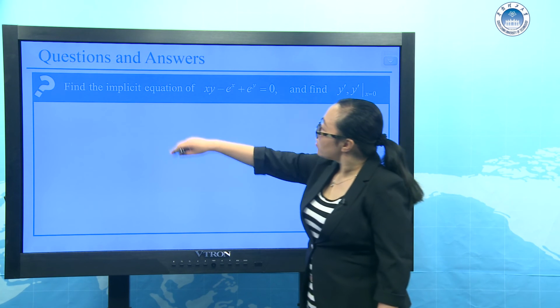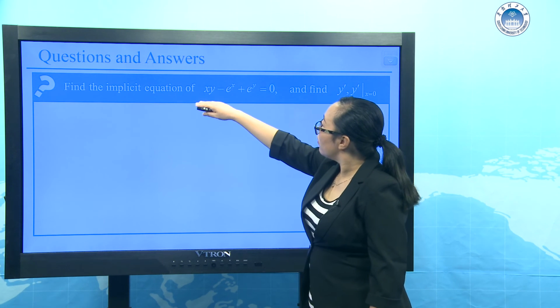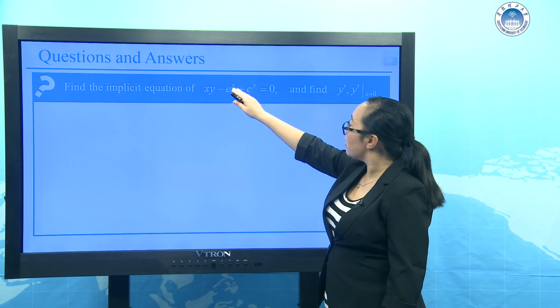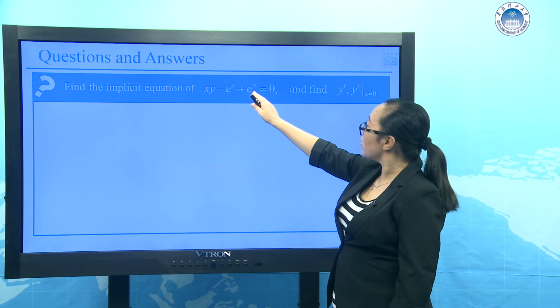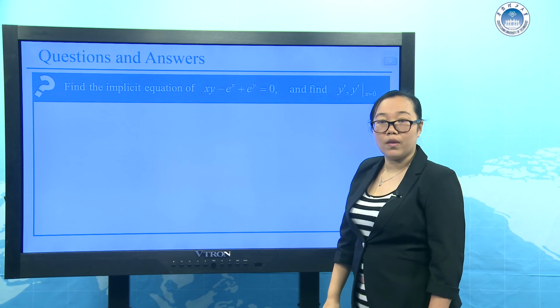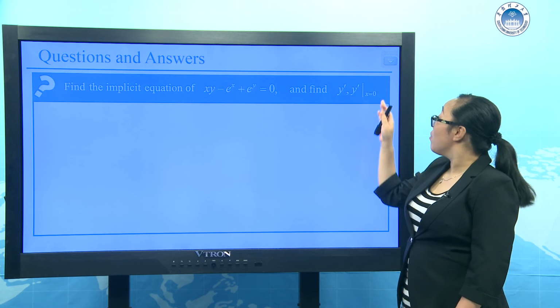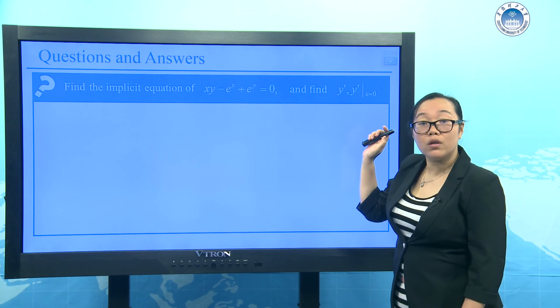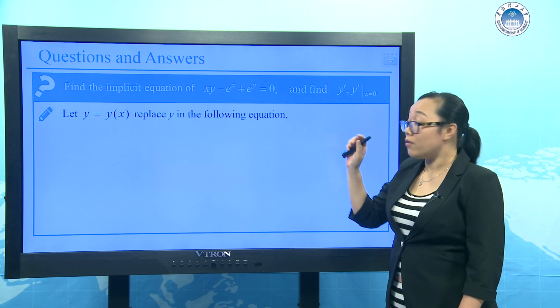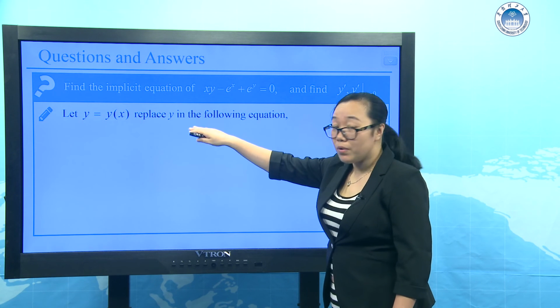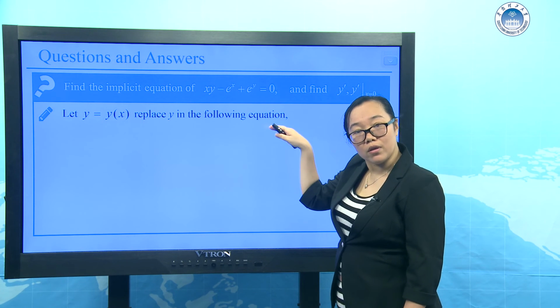Try to find the implicit equation of xy minus e to the x plus e to the y equals 0, and find y prime and the y prime value at a given point. Let y equals y(x). Replace y in the following equation.